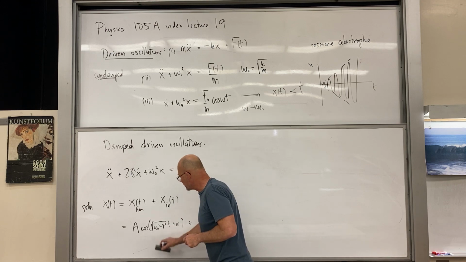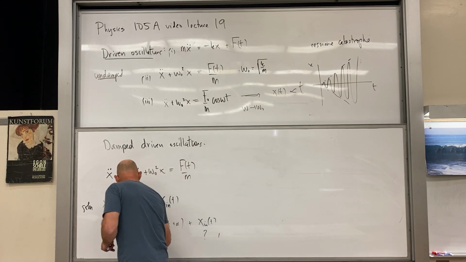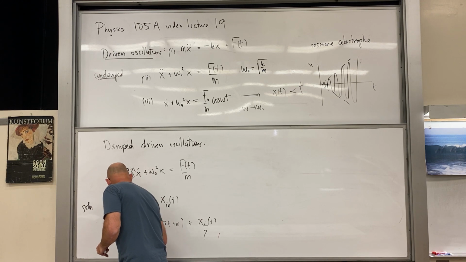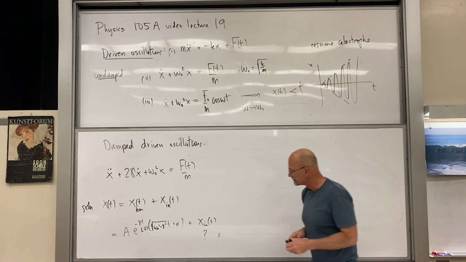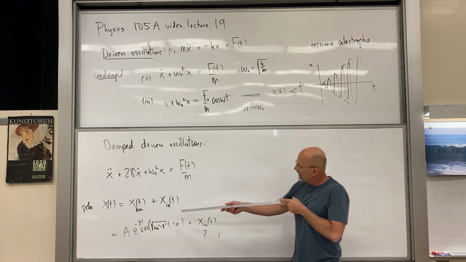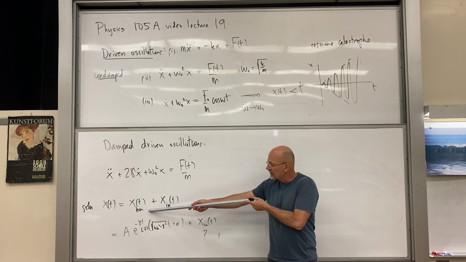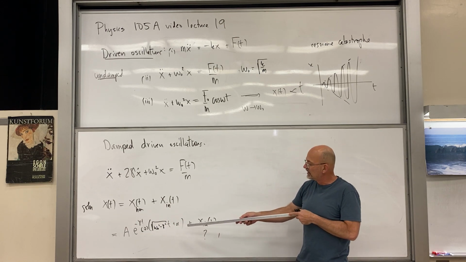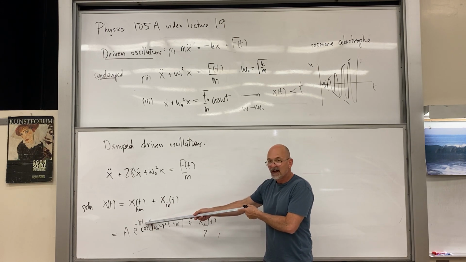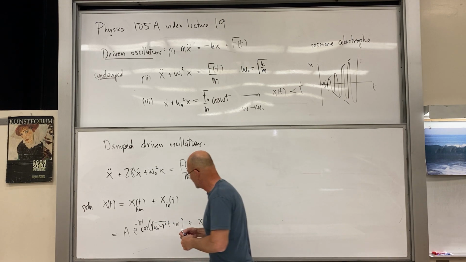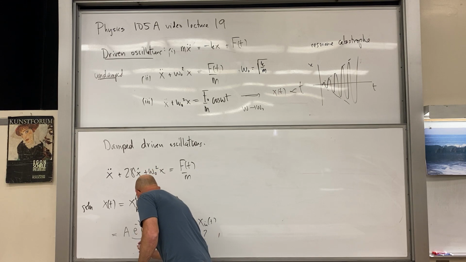Oh, actually, not so fast. Got room over here. e to the minus gamma t. That was going to be my whole point here. Okay. Because the solution to the homogeneous equation, which has this to us now well-known form, decays in time to 0. So we say that it is transient. Okay, so this is a transient solution.